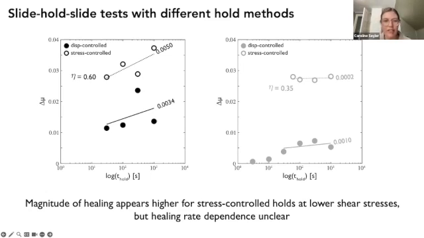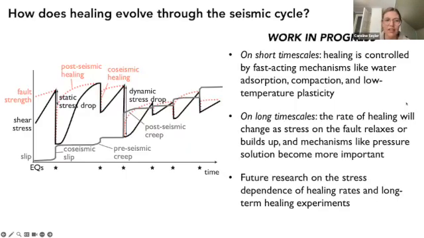If you look at the rate, this beta here and here, we see that the beta is actually higher in the displacement controlled tests for this experiment, and then it's actually lower in this experiment. So this is still a work in progress, but interesting to think about how the healing rate might be affected by changing stress through the seismic cycle.